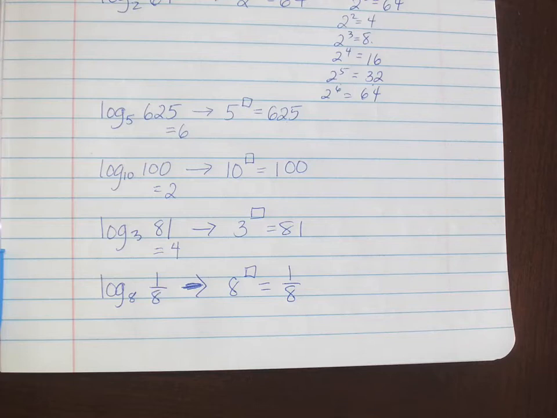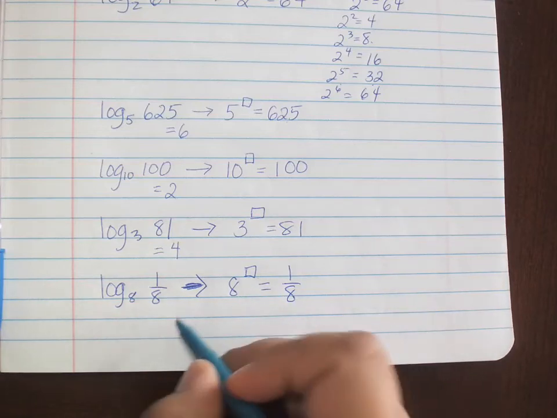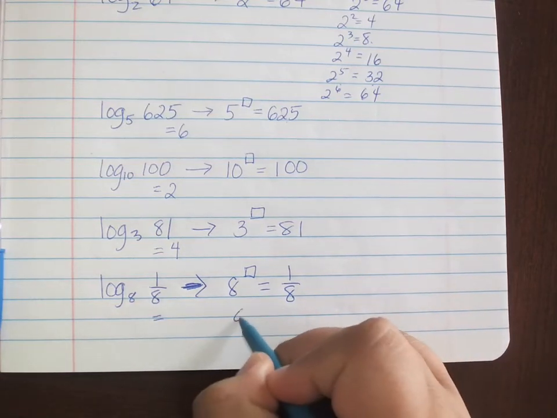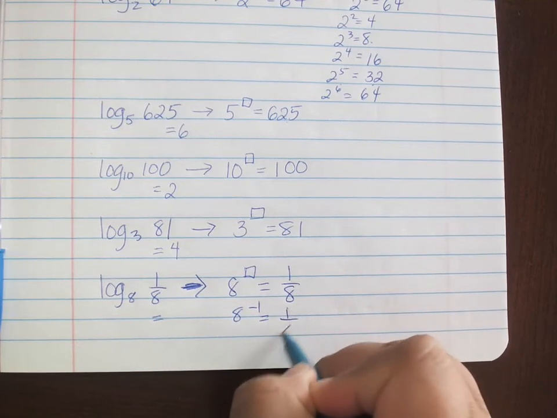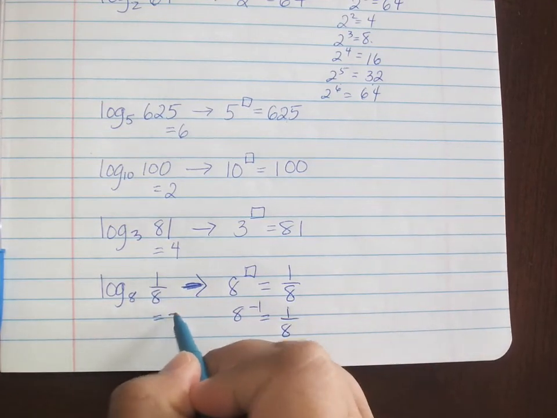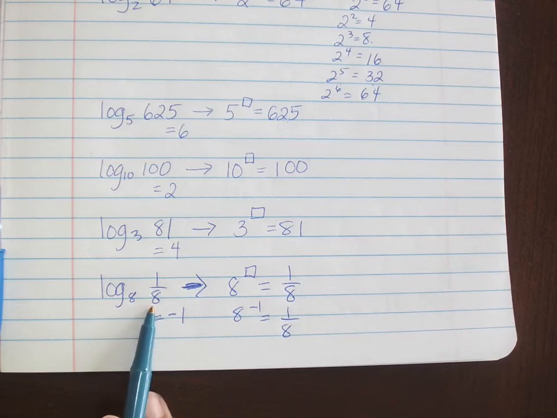What would make 8 become the denominator? I hope you guessed a -1, right? Because that makes it become a reciprocal. So we know 8 to the -1 would become 1 over 8. So log base 8 of 1 over 8 is -1.